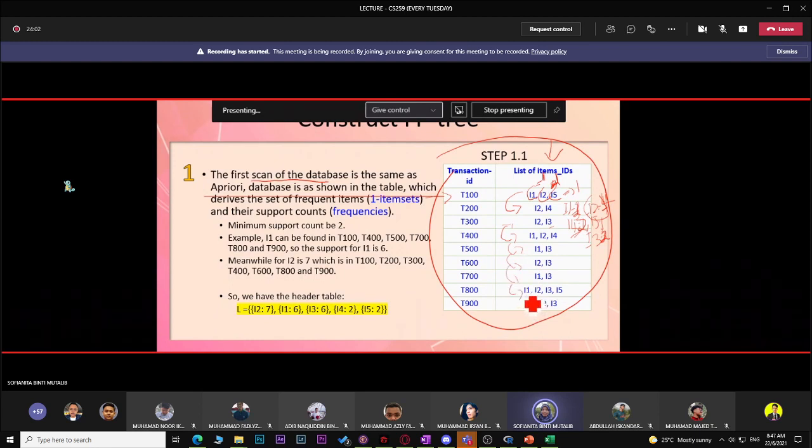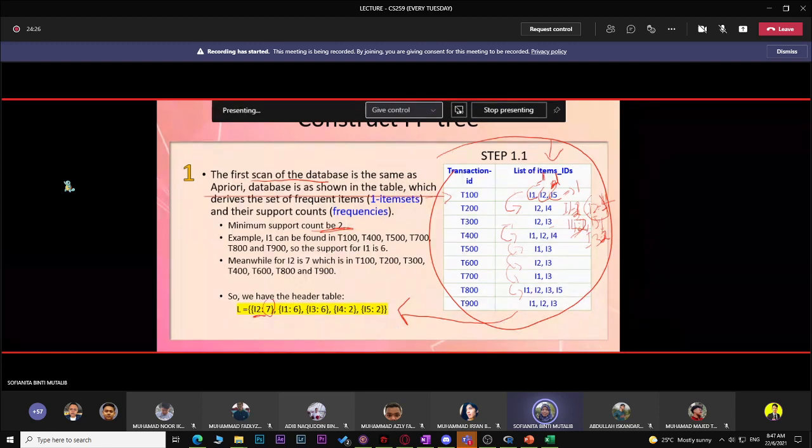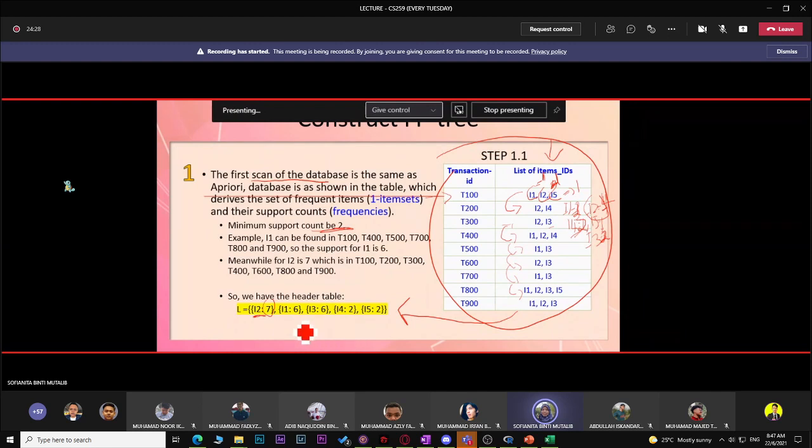And then what is the output of this iteration would be what we call as a header table. Okay, and the header table includes the items and the count of the items. And remember another point is that any items less than 2 will not be included in the header table.